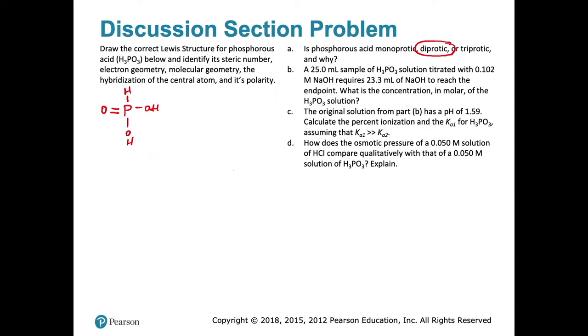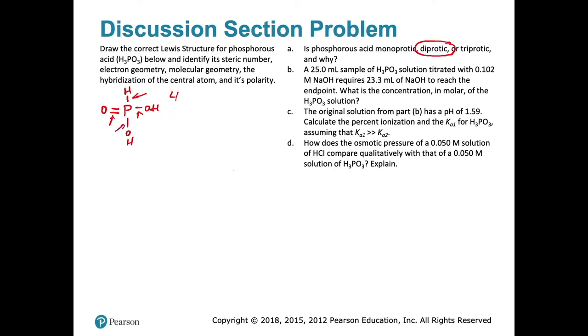Okay, so looking at that next problem, the next question in the problem was, what is its steric number? Let me get the pen working again. I wish there was an easier way to do this. All right, its steric number is 4, right? Because it has 1, 2, 3, 4 electron domains.